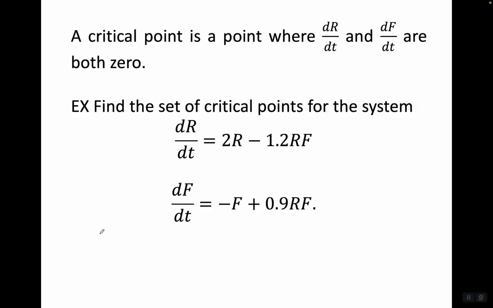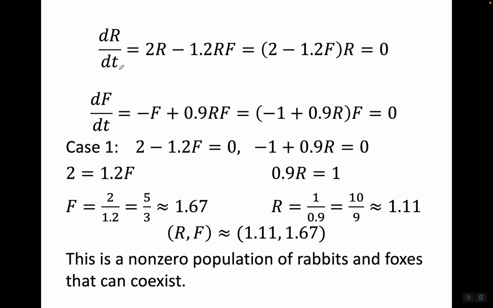A critical point is a point where dr/dt and df/dt are both 0. For example, let's find the set of critical points for the system we've been dealing with. Okay, so we'll set dr/dt equal to 0, df/dt equal to 0. Let's factor this. We factor out the r, and we get (2 minus 1.2f) times r equals 0. From df/dt, let's factor out the f.